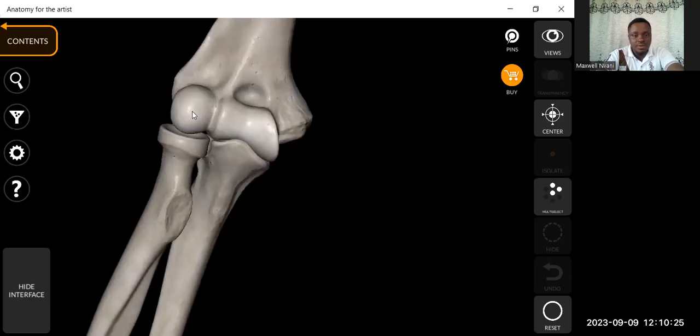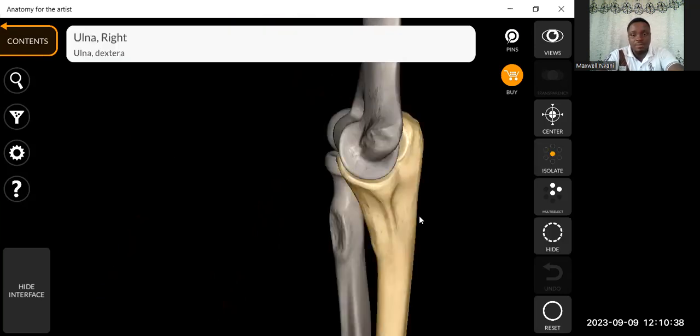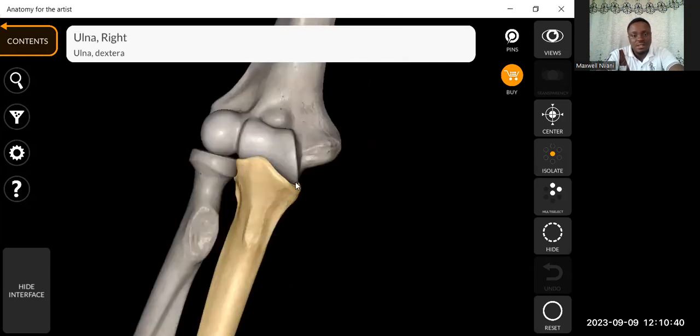You can see the capitulum articulating with the head of the radius, and then the trochlea articulating with the trochlear notch of the ulnar bone. This is the ulnar bone. Now you can see that this medial edge is projecting downwards more than the last portion of the humerus, actually 6 cm below the base of the capitulum, where the capitulum ends.